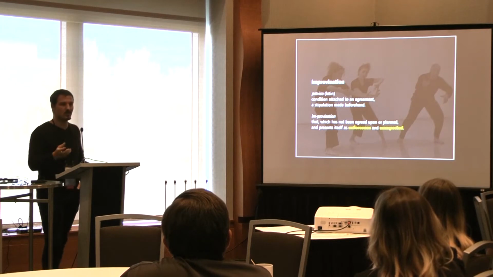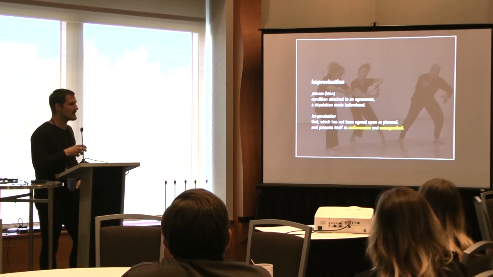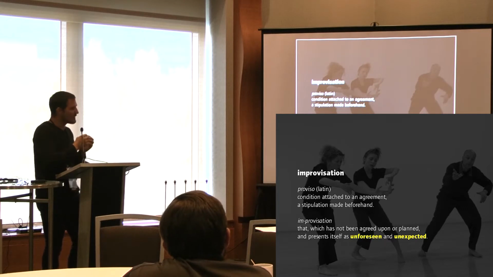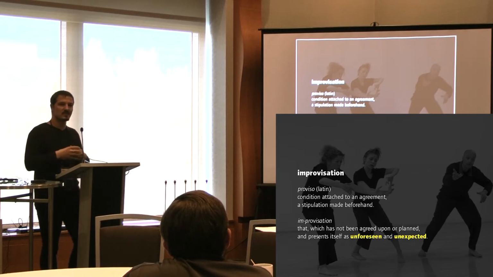Now for that, I looked closely at improvisation quite deeply, not just as a term to escape the plan. The origin of improvisation comes from proviso, Latin, which means an agreement, a condition attached to a contract, a provision, a stipulation that's made beforehand.